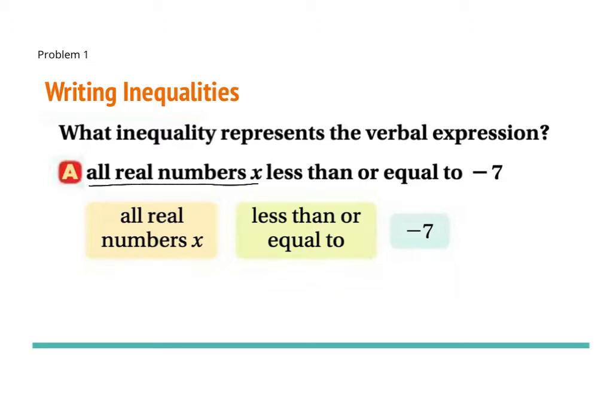And how we represent that is we just write x. It's a variable. And then the next portion is less than or equal to. So remember, less than faces away from the variable. And then equal to, we're just going to put a bar on the bottom. And then -7, we just copy over. So it should read like that.